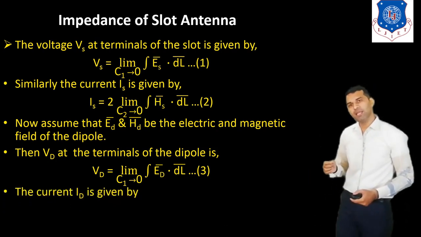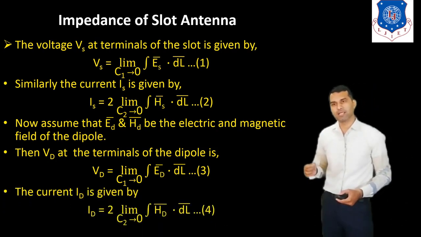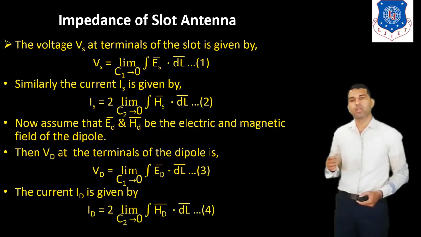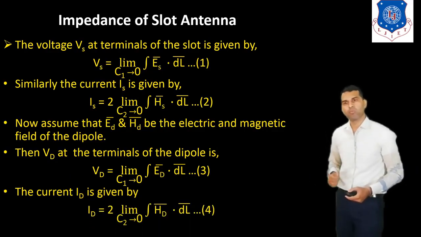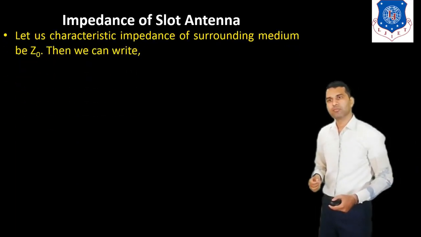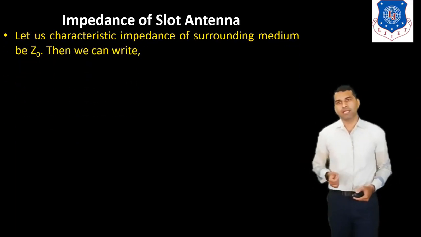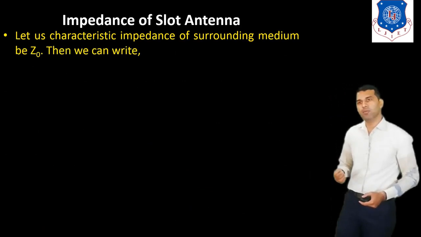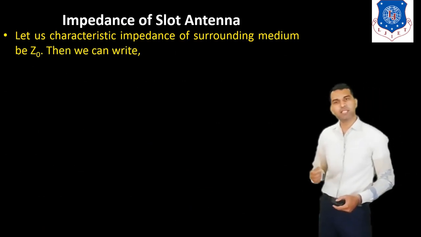Then the current Id we can write as Id equals 2 times the limit as C2 tends to 0 of Hd dot dl. Let the characteristic impedance of the surrounding medium be Z0.